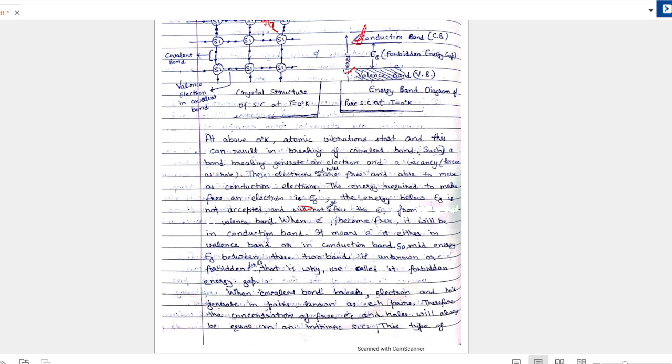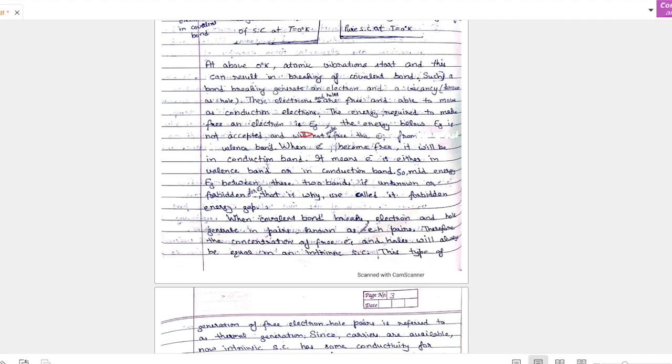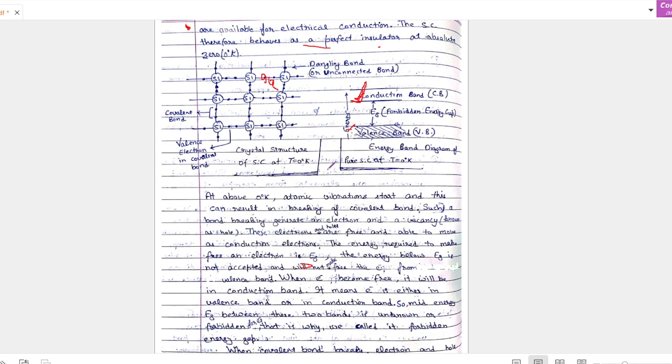Here is the conduction band. Conduction, as the name says, contributes in conduction, the electrons become free. The amount of energy required to eject the electron from its bond is Eg. Now if the energy is less than Eg, the electron will stay in its bond. But if the energy is greater, the electron gets ejected out.